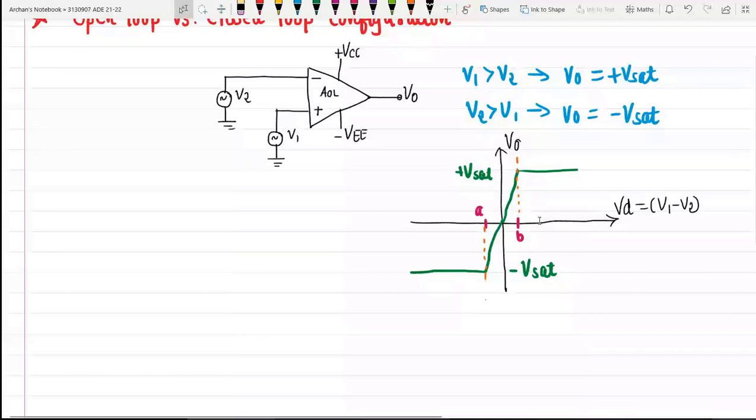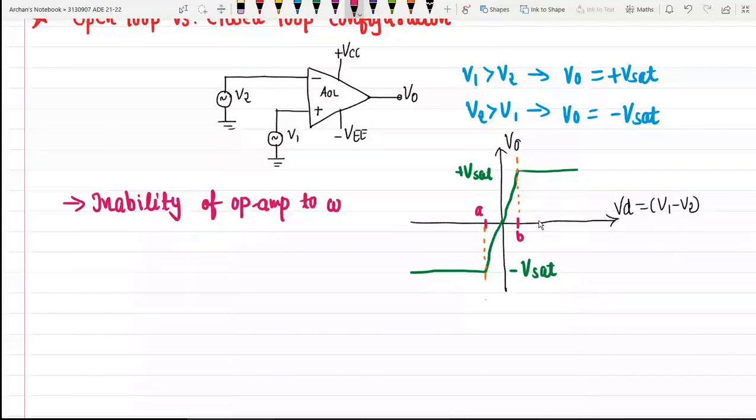So we have this disadvantage, that is, the inability of the op amp to work as a linear small signal amplifier in open loop configuration.